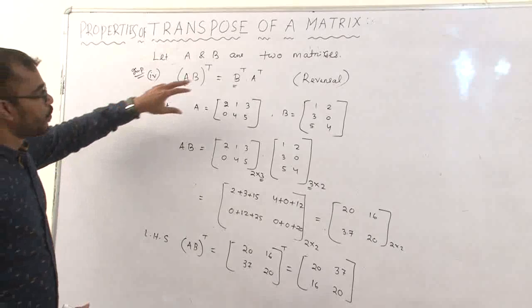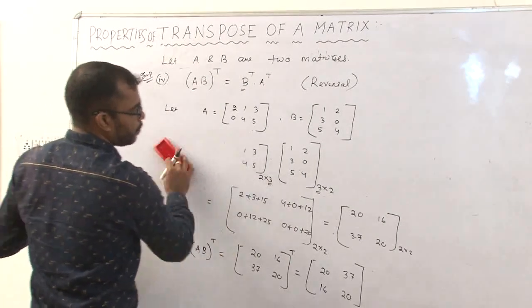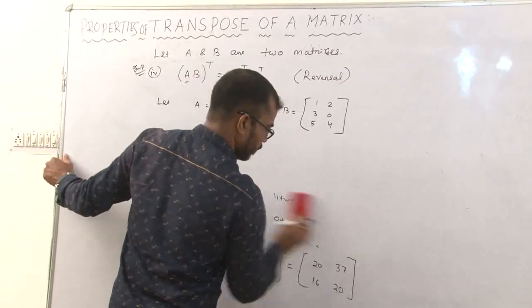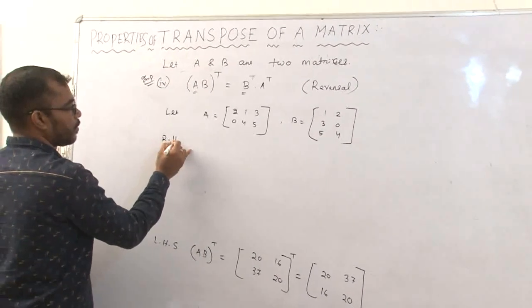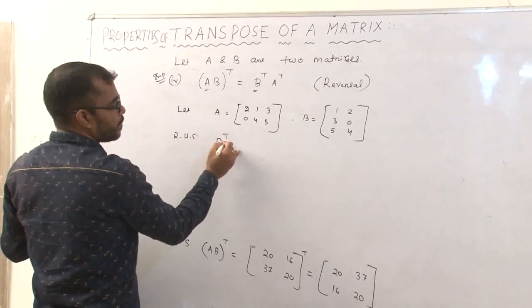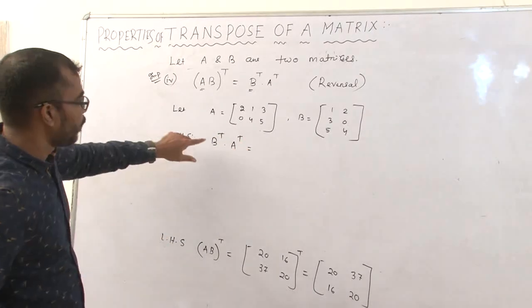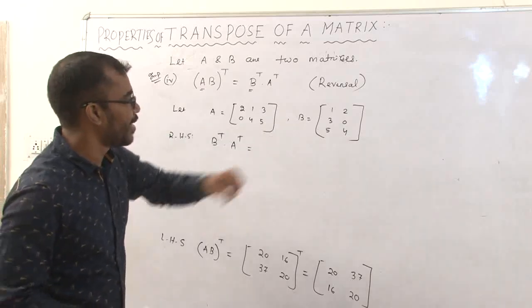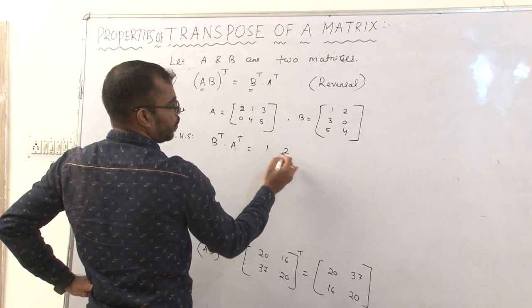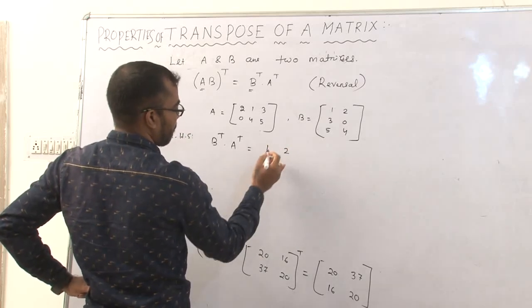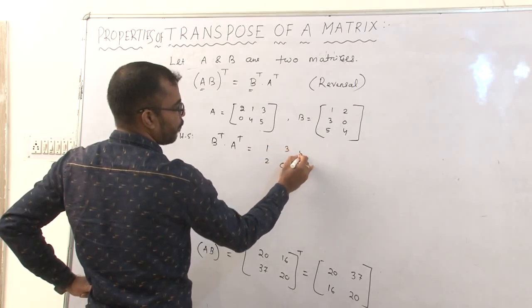Now we check the right side. The right side is the transpose of B into the transpose of A. First we write the transpose of B: 1, 2, first row changing to first column, 3, 0, 5, 4.